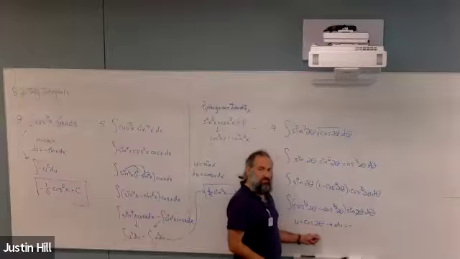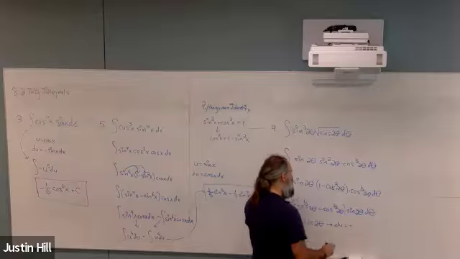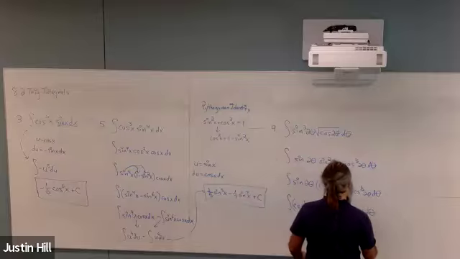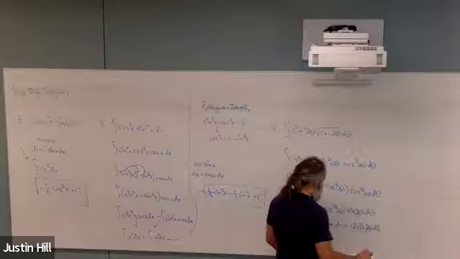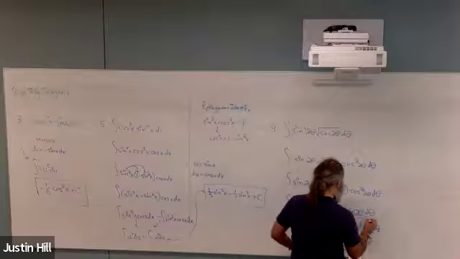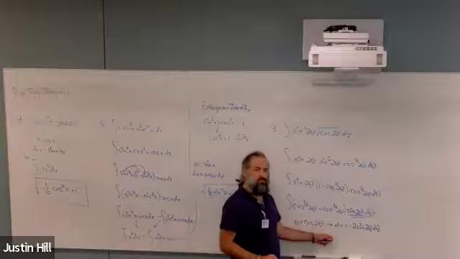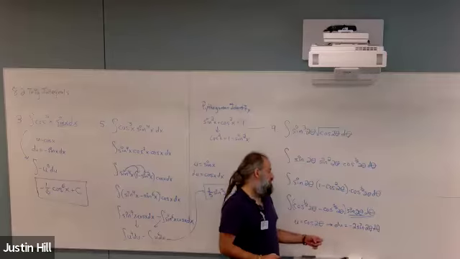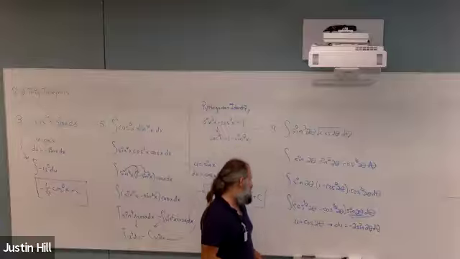Instead of just theta inside, we have 2 theta, and the derivative of 2 theta is 2. So my du is negative 2 sine 2 theta d theta. Like you're seeing in the lecture about substitution, I'm going to have to adjust for that with a negative 1/2.